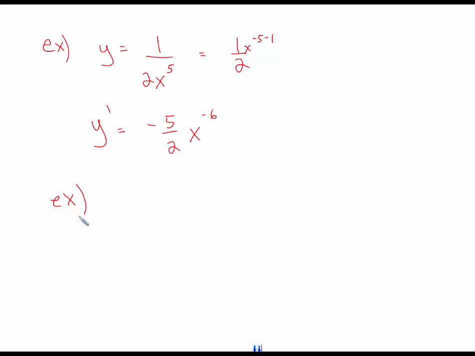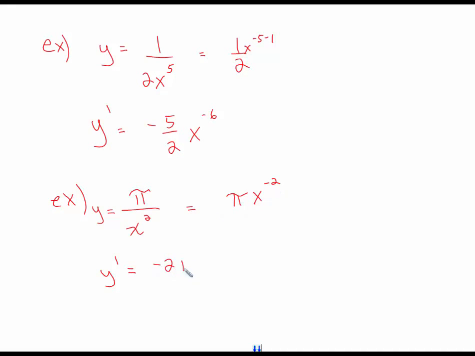How about we have pi over x to the second. Let's say y is equal to that. Well, this is equivalent to pi times x to the negative second, correct? So if we're going to take the derivative of this, y prime is going to equal negative 2 times pi.